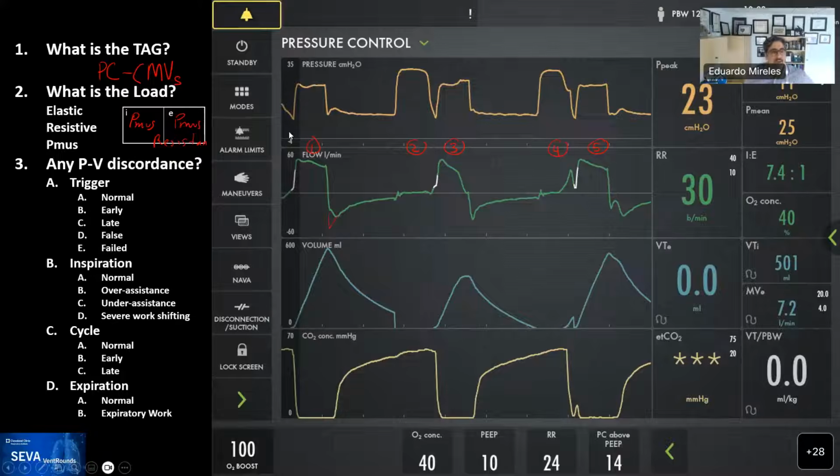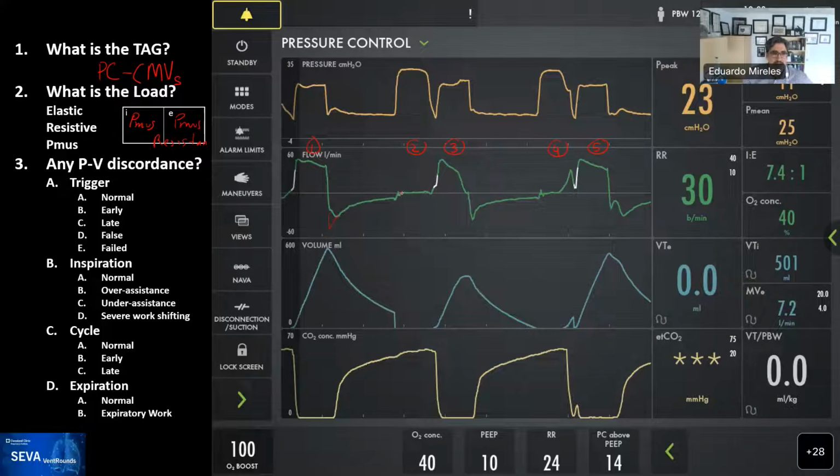So in the first breath, it's triggered by the patient, and the trigger seems essentially normal. If there's a negative deflection of the pressure, probably it's coming from another breath here, but we'll assume it's a normal trigger. Then the breath continues. The second breath is triggered by the machine, so that's not a patient ventilator interaction.